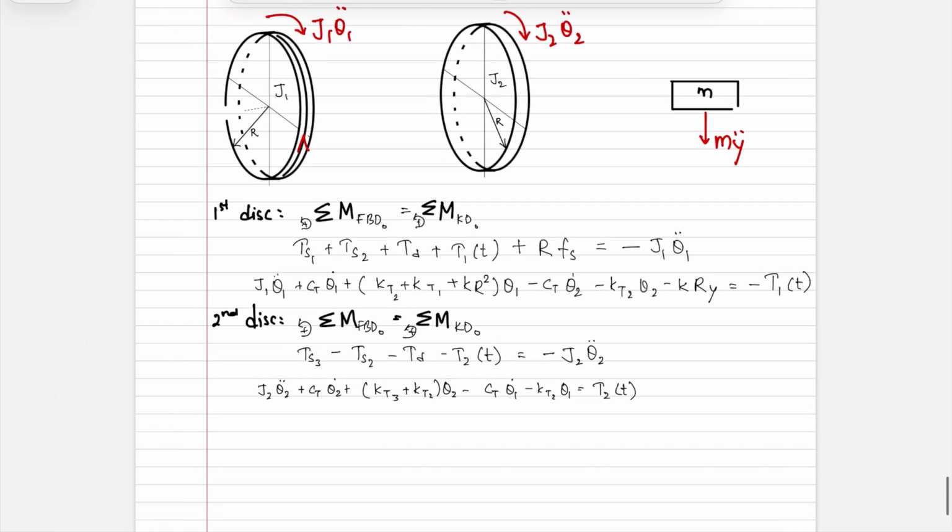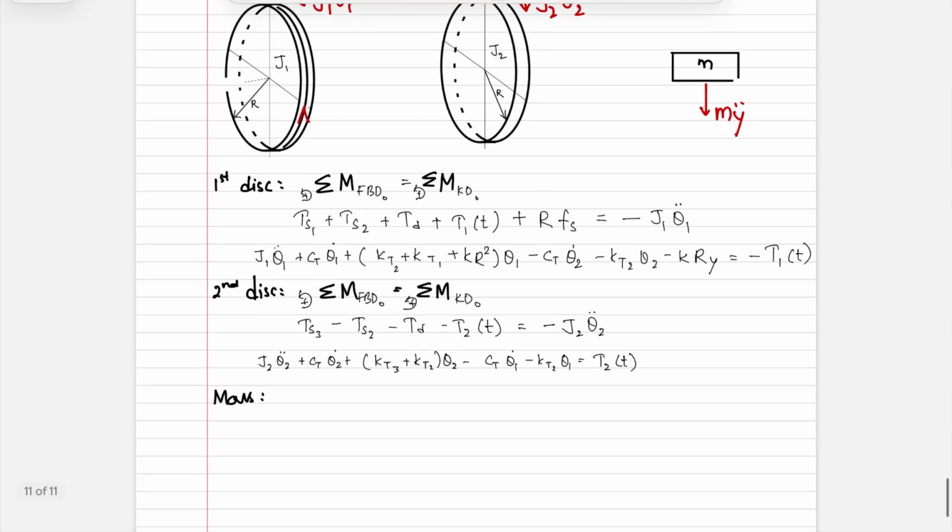Finally, for the mass, you have, while previously we were looking at moments, you're now looking at forces in the free body diagram.